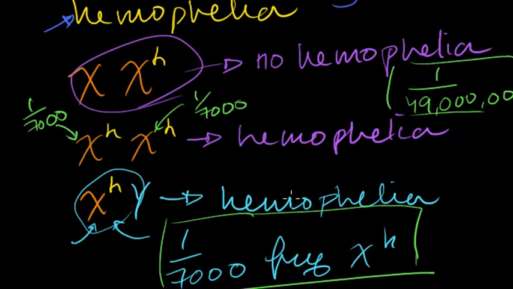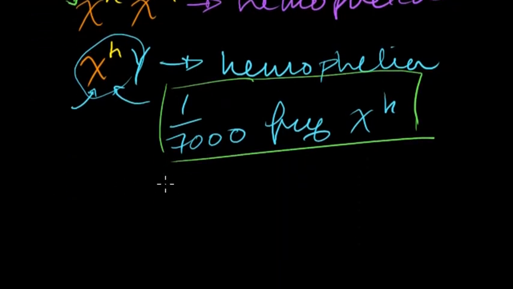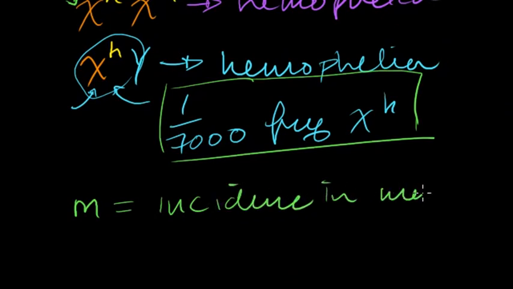So let's say that M is the incidence in men. Then the incidence in women will be, you could view this as the allele frequency of that mutation on the X chromosome. Women have to get two versions of it, so the women's frequency is M squared.